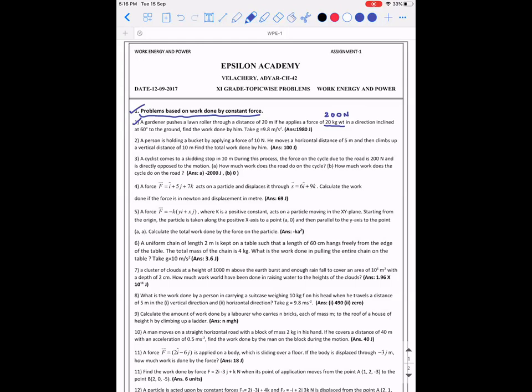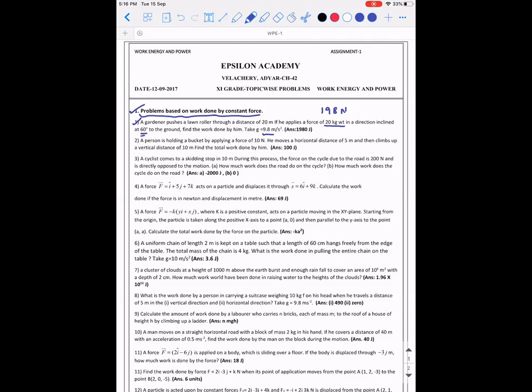You can take it as 9.8 when g is 9.8. So in this case it will be 198 Newton, because 20 into 9.8 is going to give you 198 Newton. In a direction inclined at an angle 60 degrees to the ground. Find the work done by him.